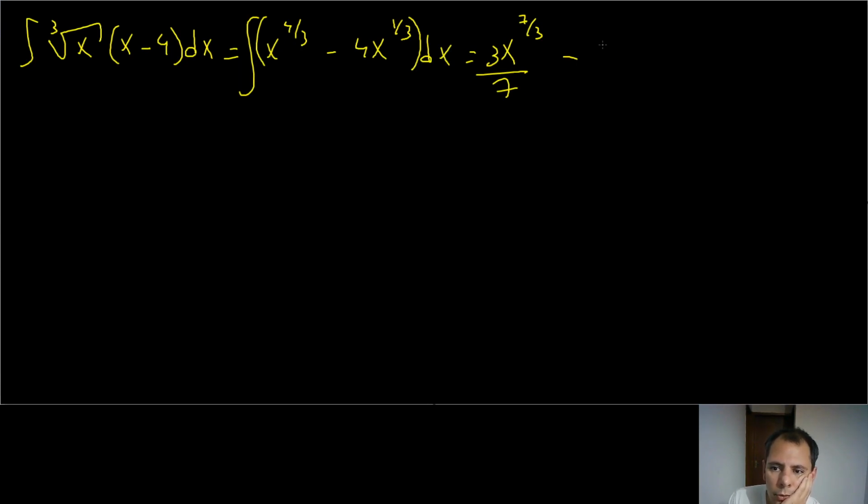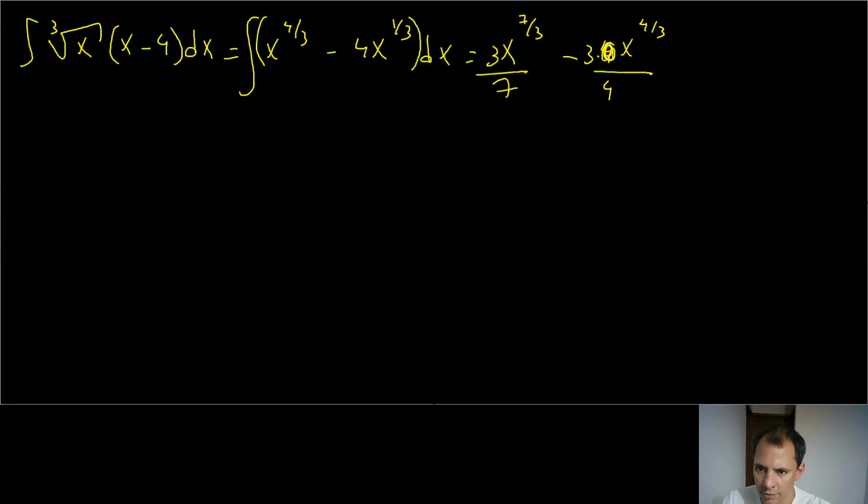Minus 4. Now, x to the 1/3 plus 1 is going to be x to the 4/3 divided by 4/3. So it's times 3 divided by 4. Okay? Because 1/3 plus 1 is 4/3.